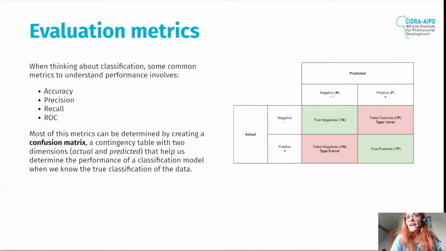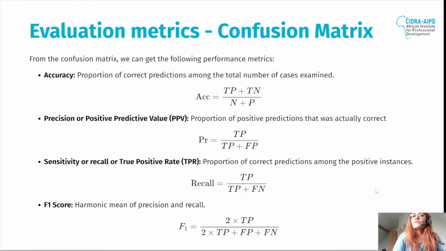So accuracy is the true negatives plus the true positives, the ones we got right, divided by negative plus positive, which is everything, all the cases. So accuracy is how many I got right out of everything.